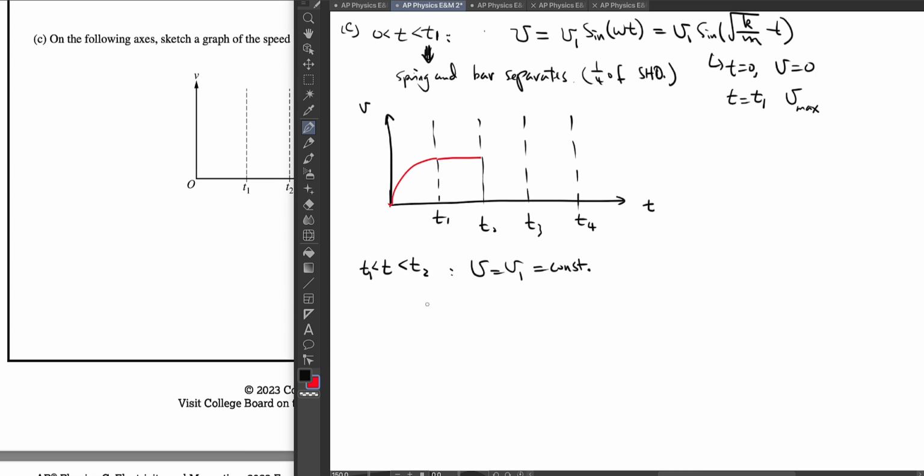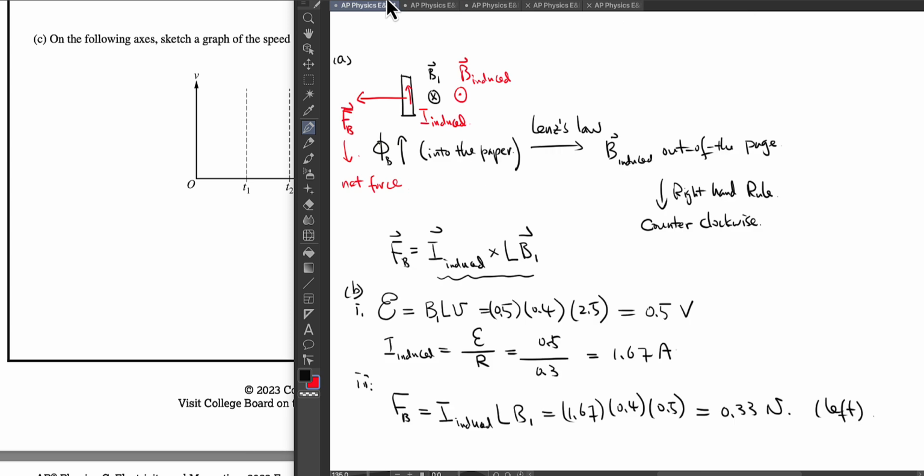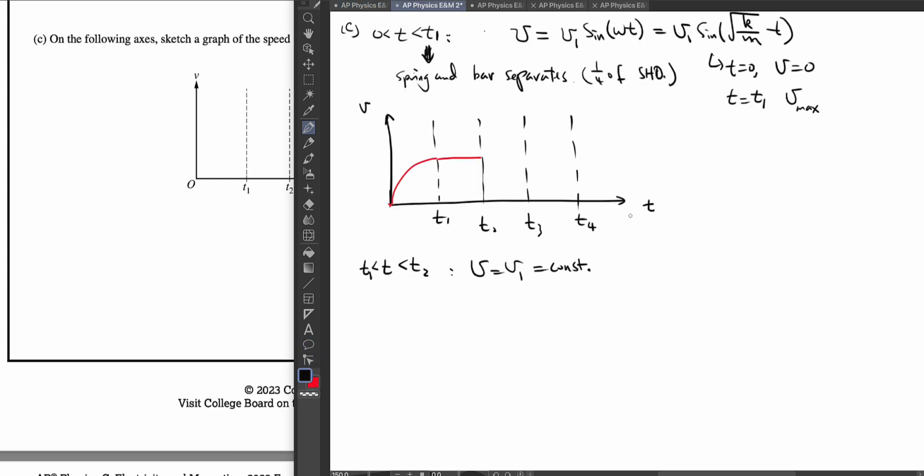Now when it enters the magnetic field, we already did that calculation of the magnetic force. It will slow down the metal bar speed. But what we need here is not a specific number. It's a relation between the velocity and the time. So let's derive that.